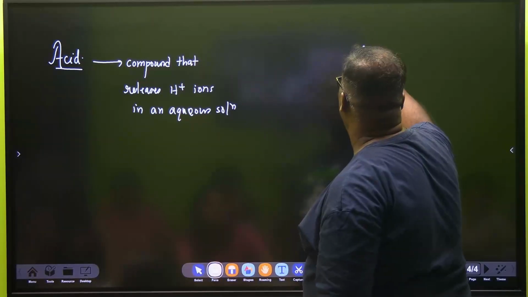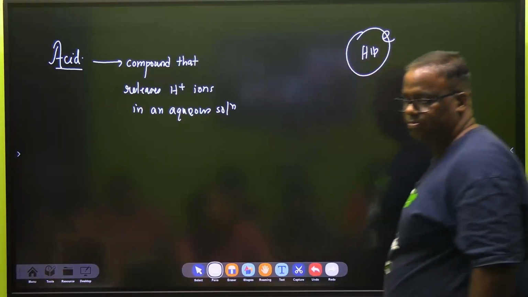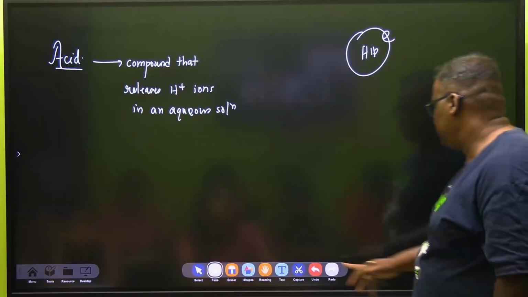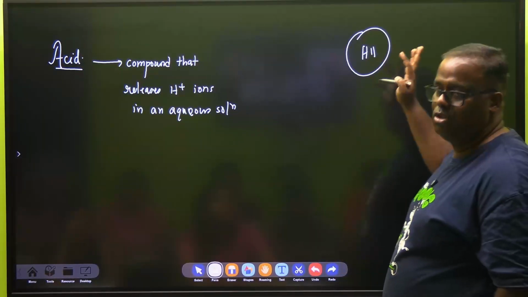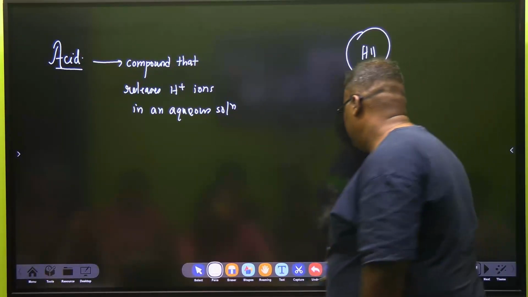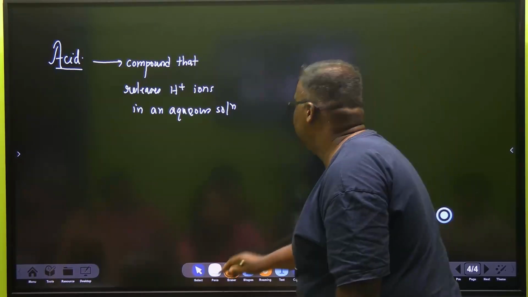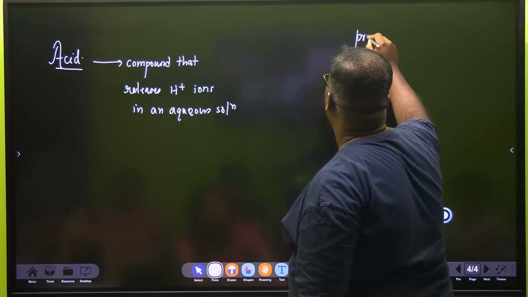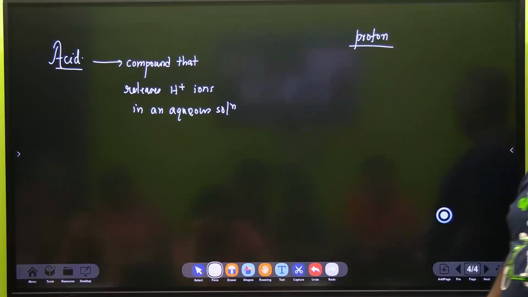So this is my hydrogen atom. Hydrogen atom has got a proton and an electron. When you talk about H plus, it means the electron has been kidnapped. So the orbit has also gone. So what you are left with in case of a hydrogen ion is nothing but a proton. A hydrogen ion is a proton.